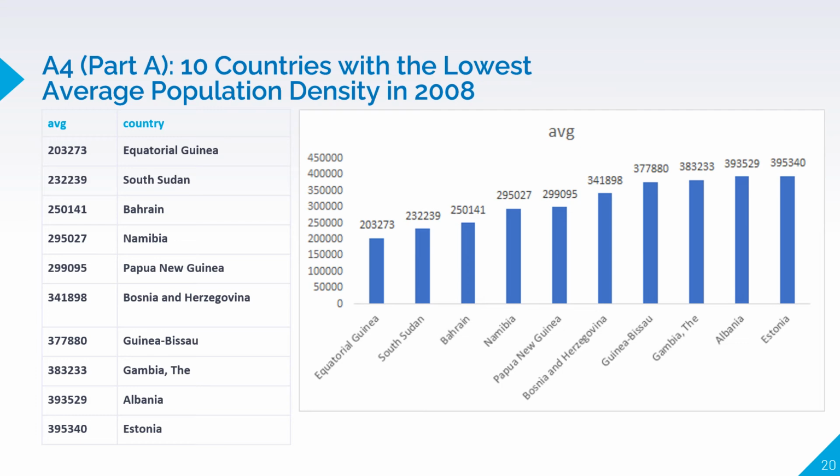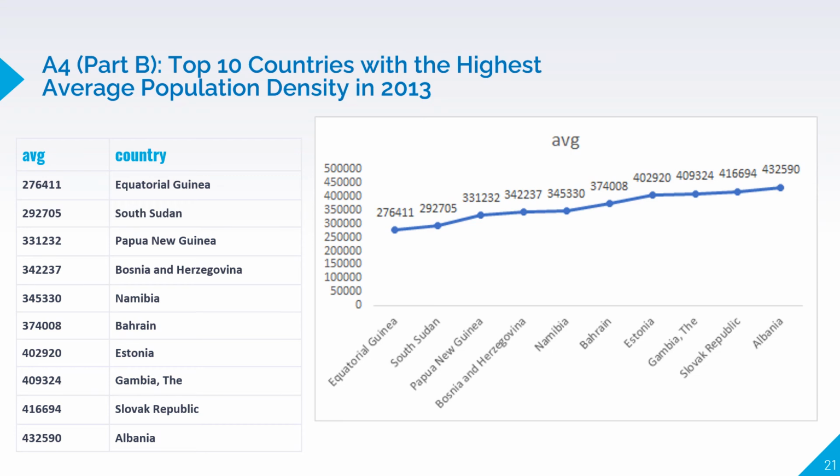And I'll leave it to Tony to explain the rest of question 4. This shows that when the economy recovered in 2013, it actually increased the population density by 73,138 between the years 2008 and 2013.